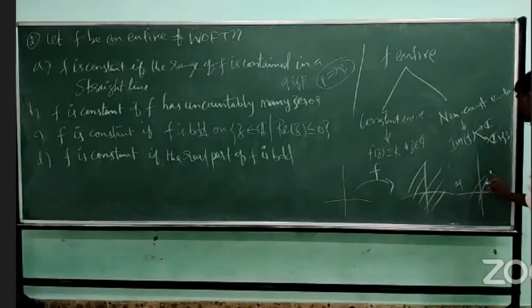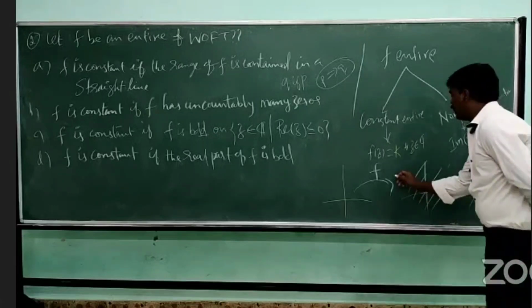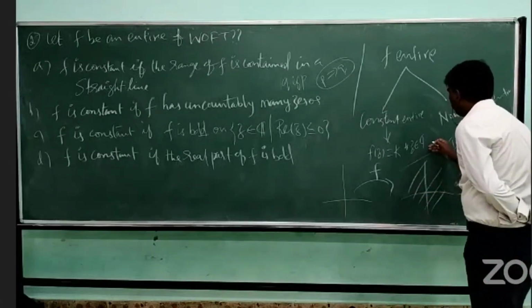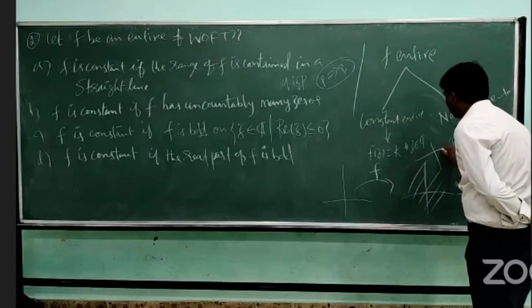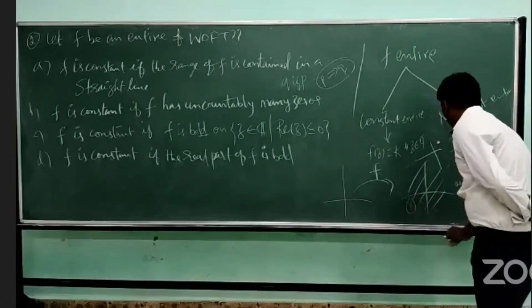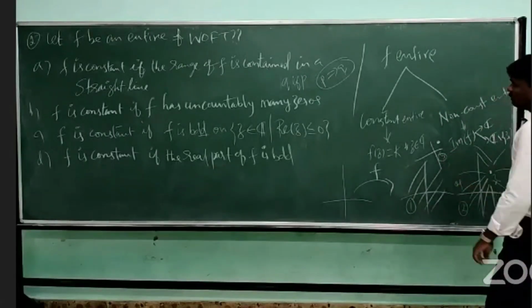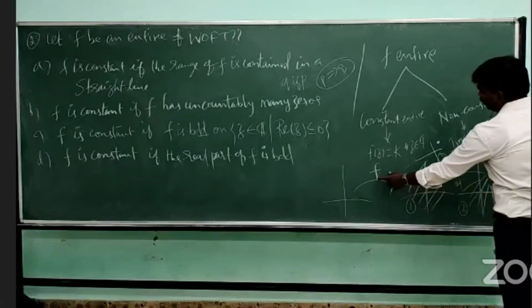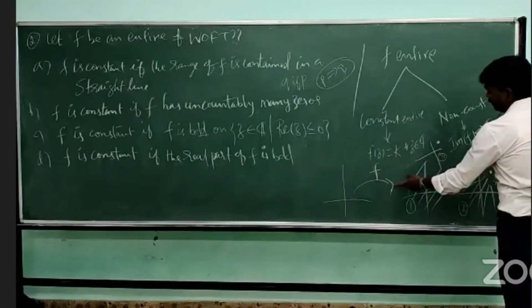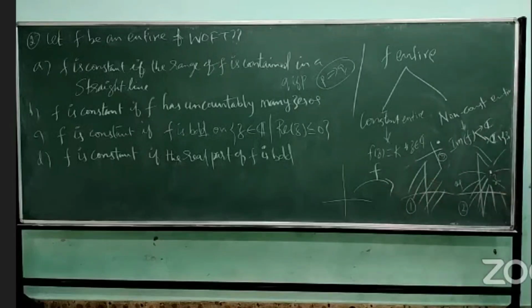That is the behavior. So picture number 1, picture number 2, picture number 3. What picture number 3 says is that f's range set is either only a single point, or the whole set, or the whole set with only a single point removed, meaning all other points are in the range.